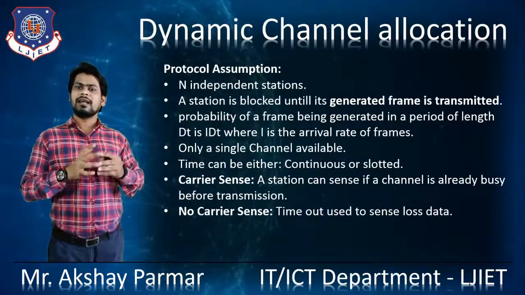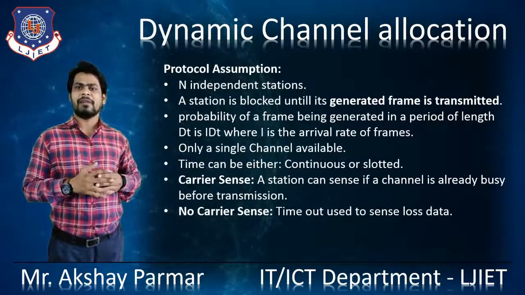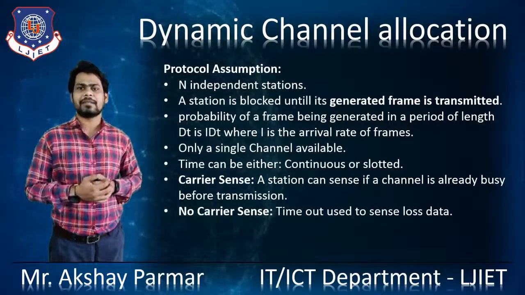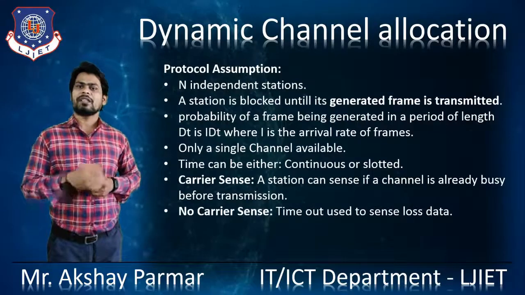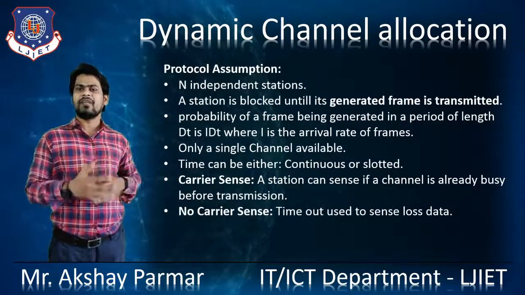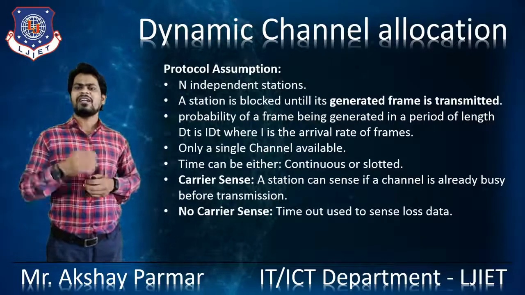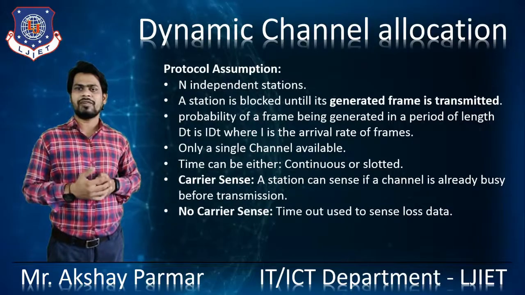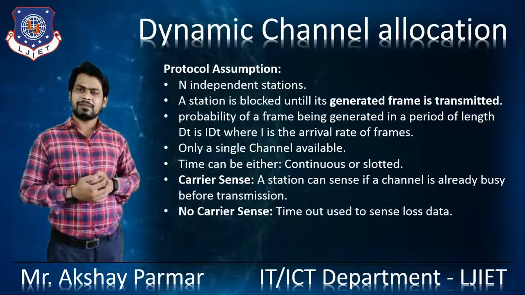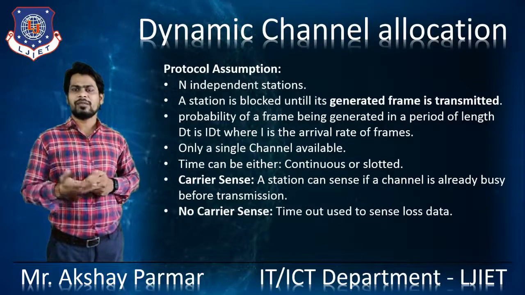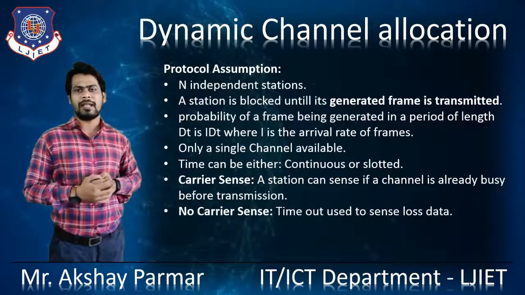Only a single channel is available. The time can be either continuous or slotted, as we have discussed. Carrier sense: a station can sense if the channel is already busy before transmission. Or no carrier sense, where a timeout is used to sense the loss of data. Those are the basic assumptions we need to consider whenever we are using the dynamic channel allocation method.